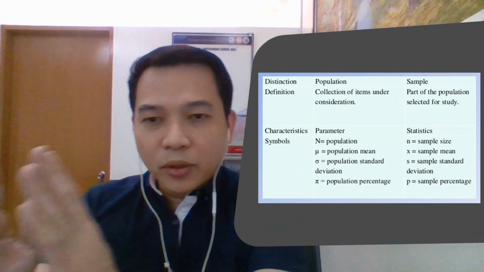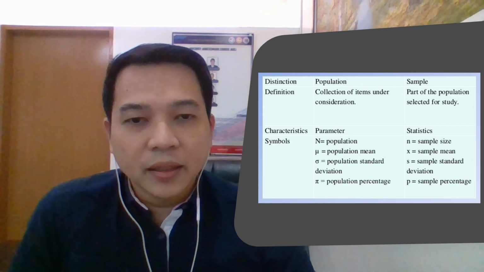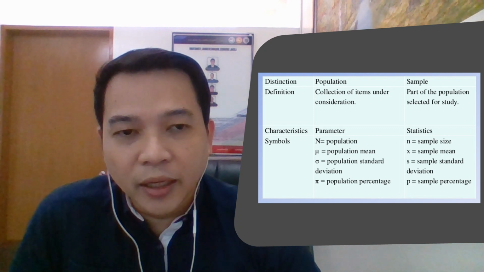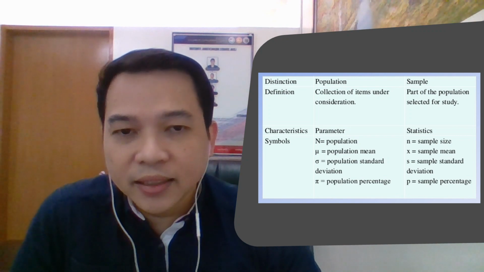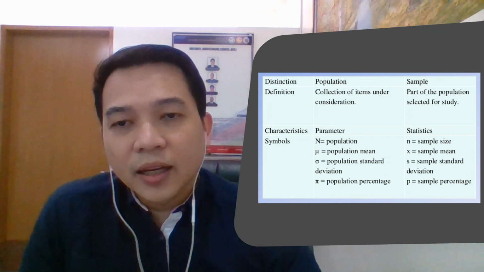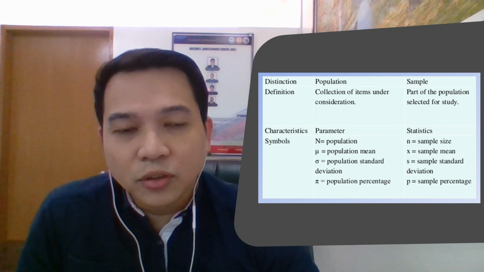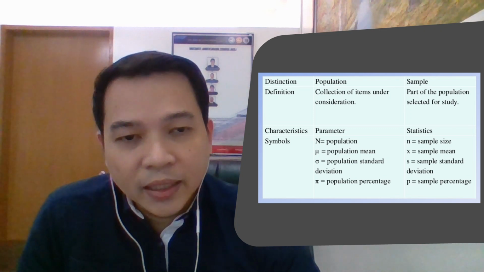So to give you a juxtaposed distinction between population and sample, by definition, population is the collection, and sample is only a part of the population. In terms of characteristic, this is manifested by the term parameter with regards to population, and with the sample, this is reflected by the term statistics.